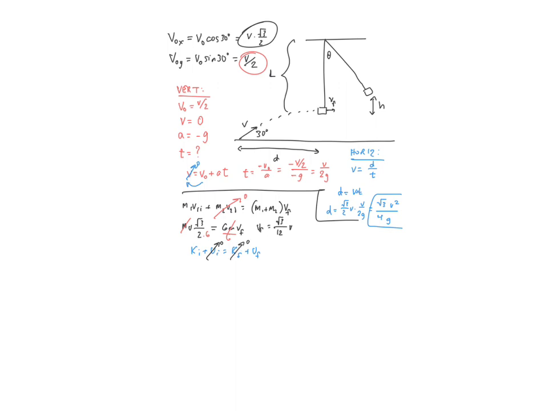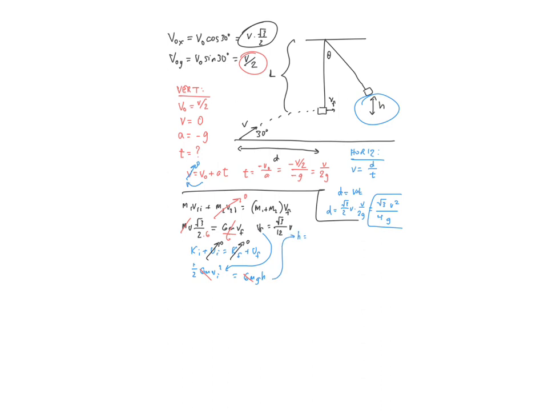So plugging in the formulas, we have 1/2 times the mass, which is 6m, although that doesn't really matter since the whole thing's going to end up canceling out anyway, times the initial velocity squared, and again, that initial velocity squared comes from this final velocity, and that's equal to the gravitational energy, which is the mass 6m times g h final, which is just the h right here that we're looking for. We have a 6m on both sides, which we can cancel out, and we're trying to get h by itself, so let's just divide both sides by g.